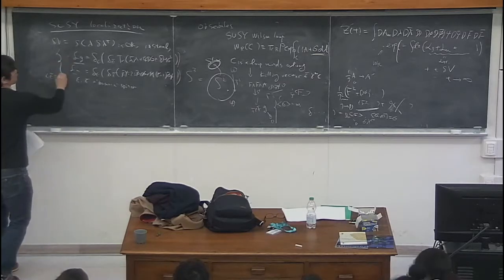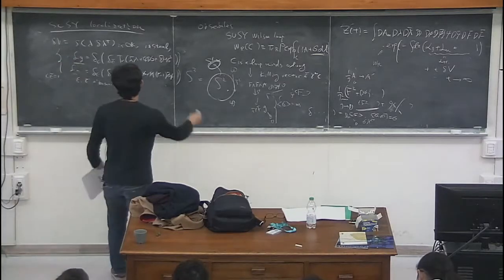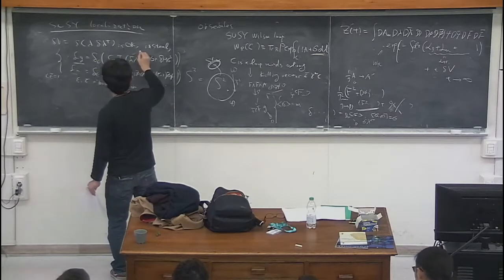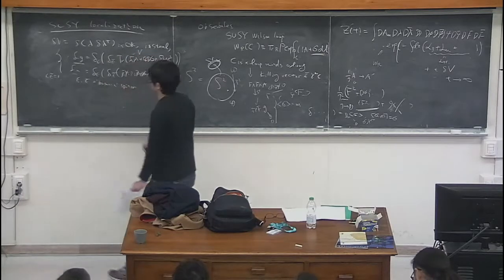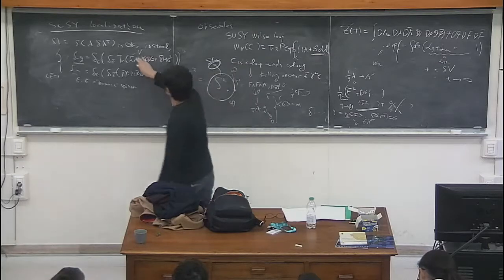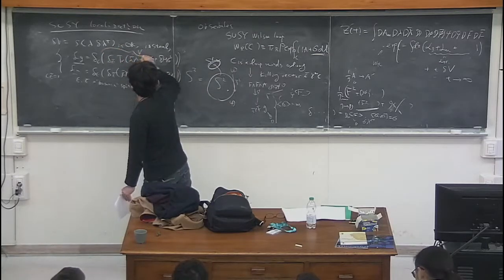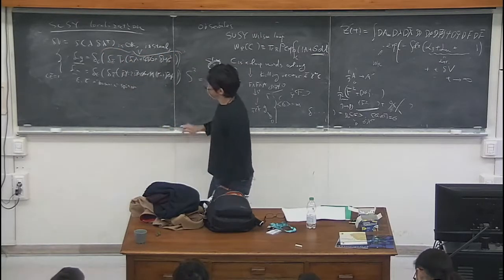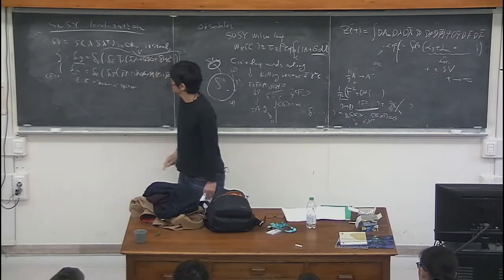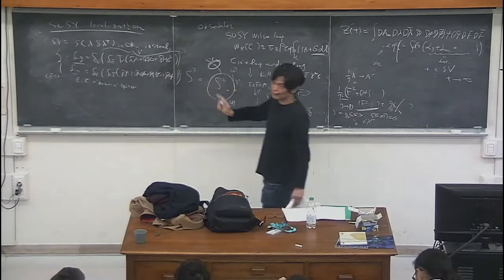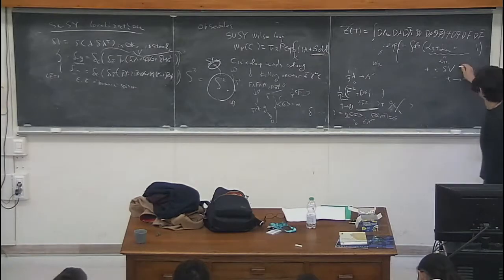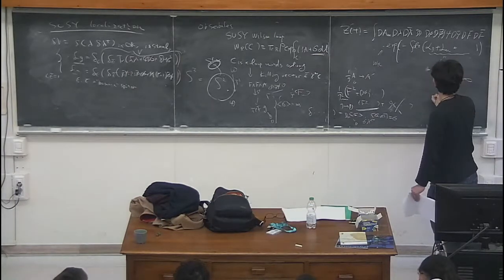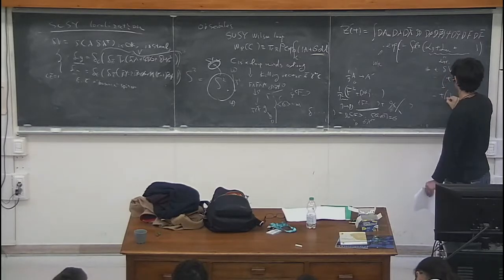So we can take this part as V. This LG itself is delta V. So this can be plus or minus t times LG plus Lm.